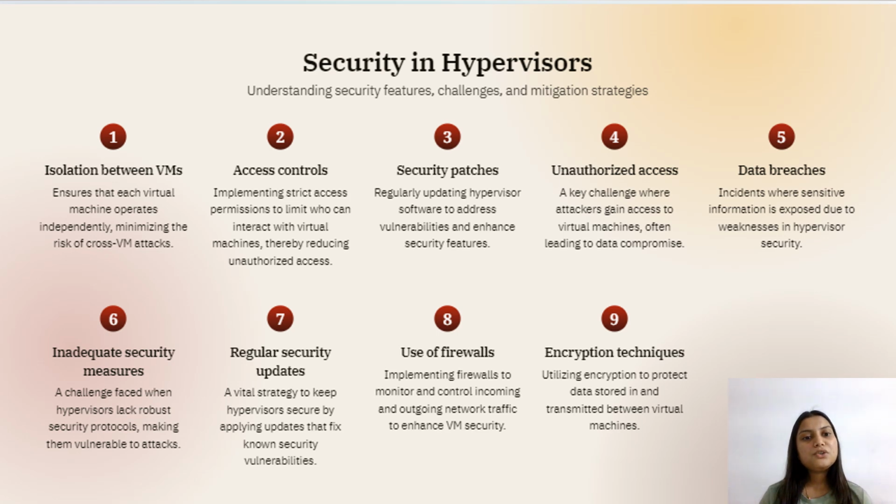Isolation between VMs ensures that each virtual machine operates independently, minimizing the risk of cross-VM attacks. The second one is access controls, which means implementing strict access permissions to limit who can interact with virtual machines, thereby reducing unauthorized access. There are also security patches, which means regularly updating hypervisor software to address vulnerabilities and enhance security features.